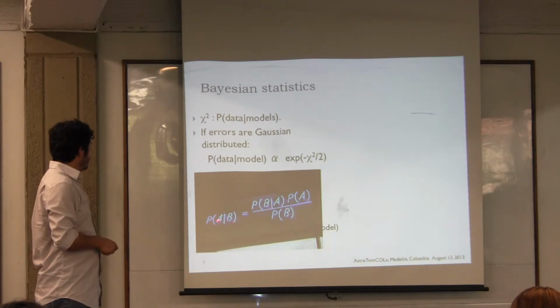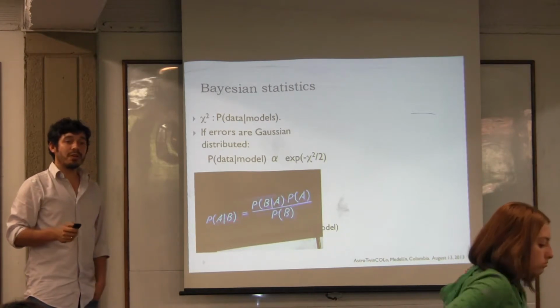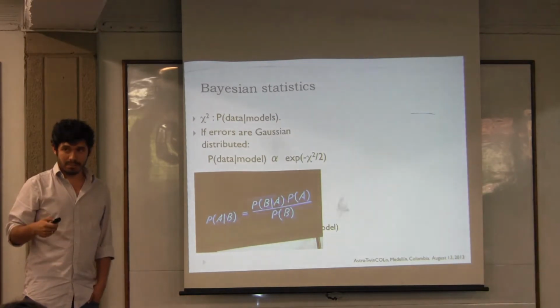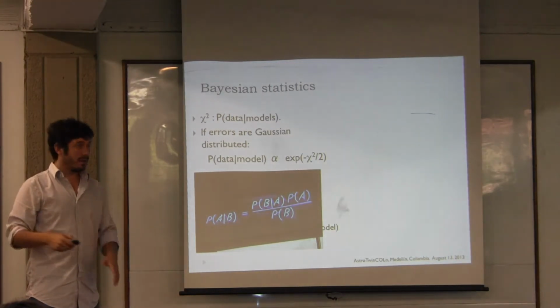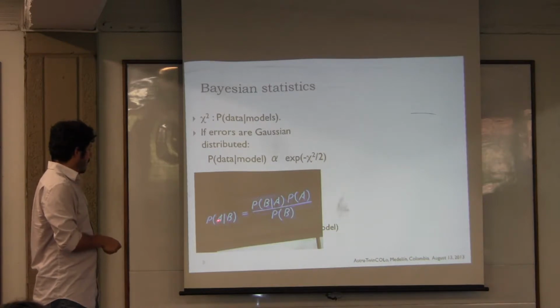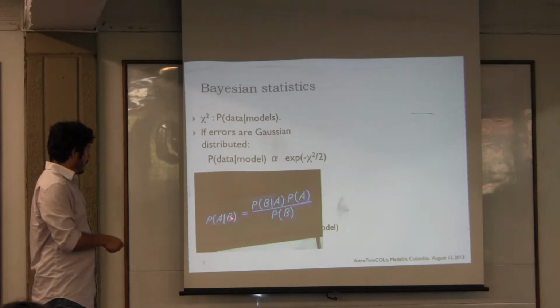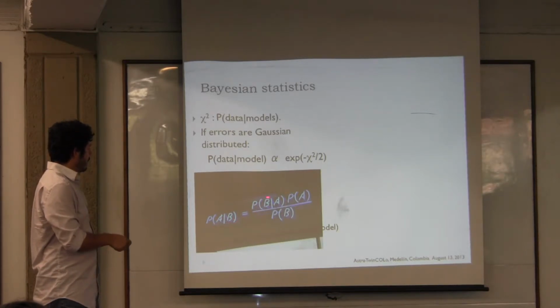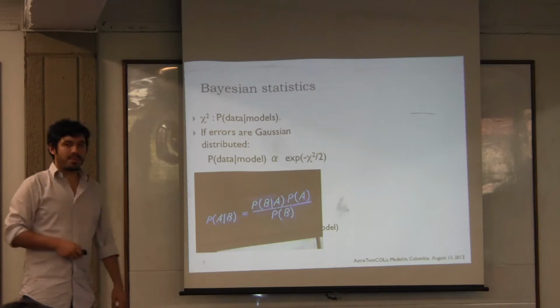And that is telling you that if what you want to know is not the probability of your data being drawn from your models, but the probability of your models, in this case called A, being true given your data, then you can obtain that by combining two things. The likelihood that you get from the chi-square distribution and something we call the priors.